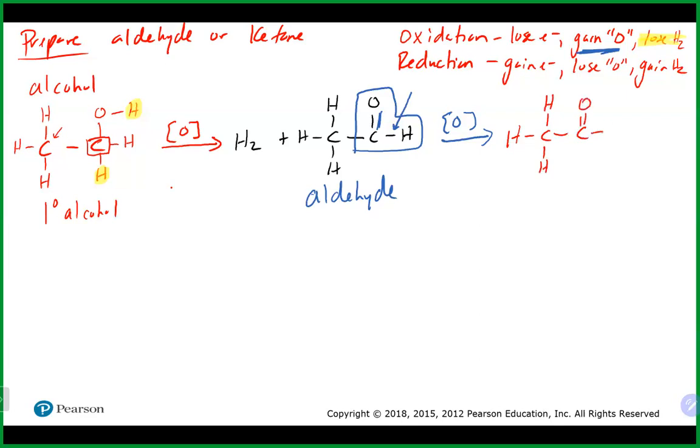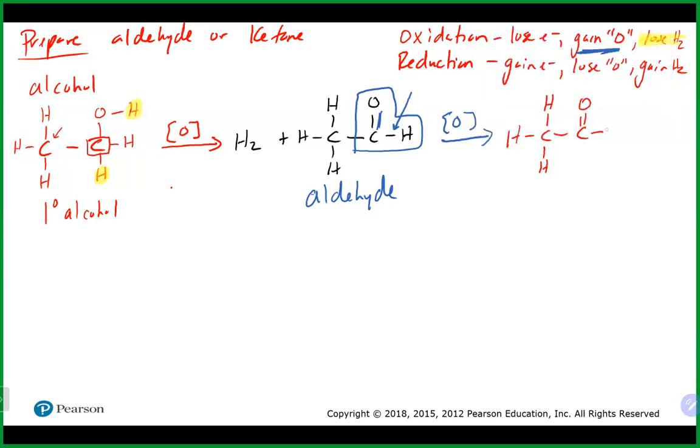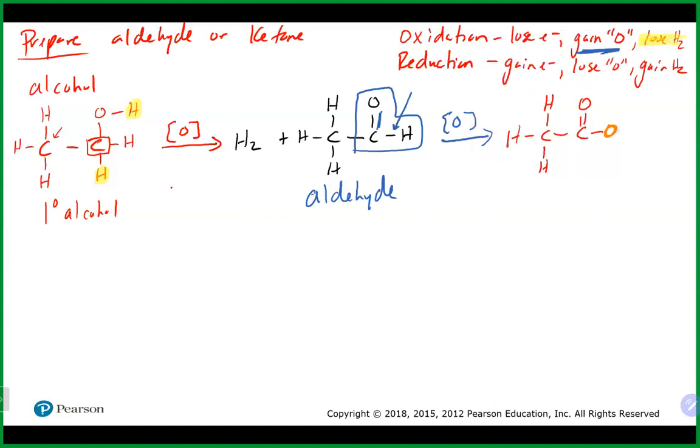And now here, I'll make it a different color, we're going to insert our oxygen. And then obviously we will still have our hydrogen that will be there as well. And that again is the oxygen that gets inserted. And this makes another type of organic molecule, which is known as a carboxylic acid. Any questions on that there?